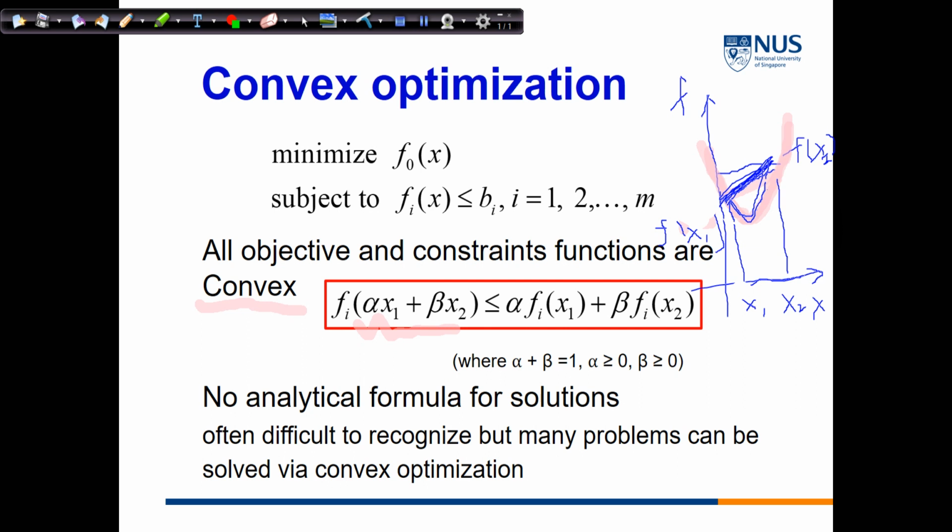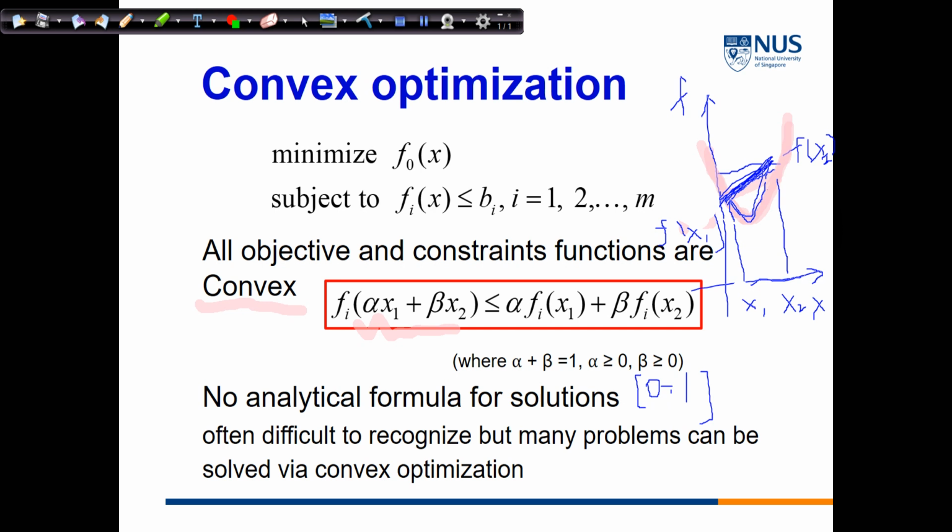Here, alpha and beta are both non-negative numbers, so they are between 0 and 1. Their linear combination gives the criteria to compare.